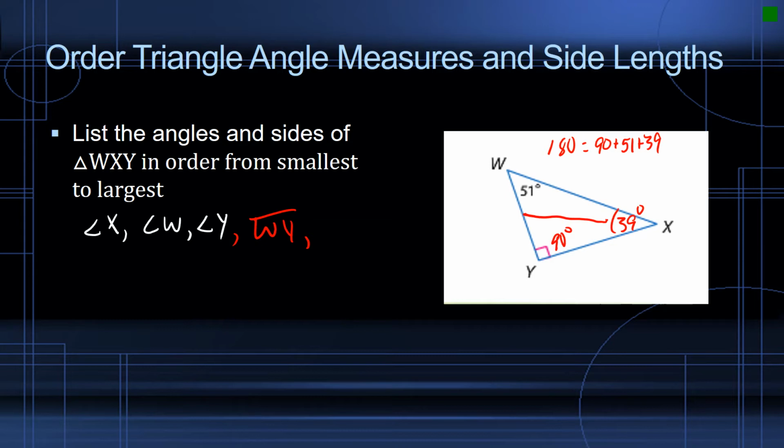And let's see, angle W is next in line, so the side opposite it, XY, would be next in line, and then the longest side is going to be, in particular in the case of a right triangle, the hypotenuse is always the longest side. And so then we can finish this off, that segment WX is the longest.